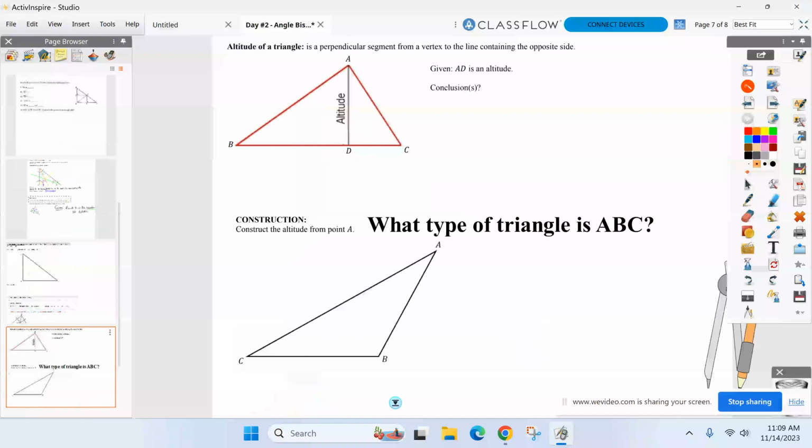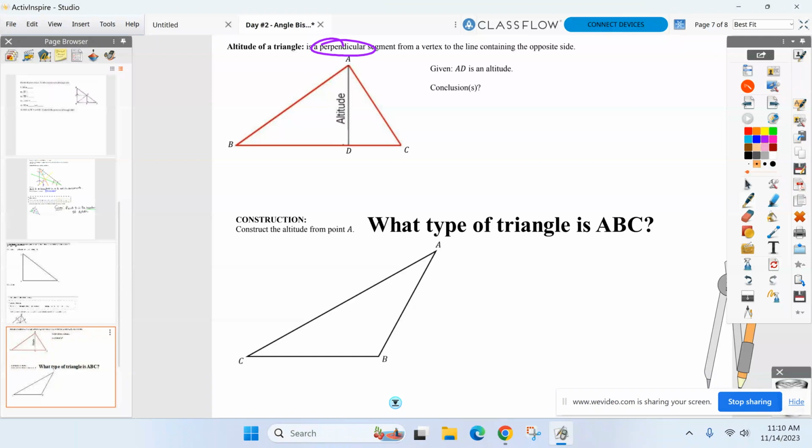An altitude is a segment in a triangle that must start at one of the 3 vertices. It can't start on one of the sides. It has to start on one of the 3 vertices and must be drawn perpendicular to the opposite side.